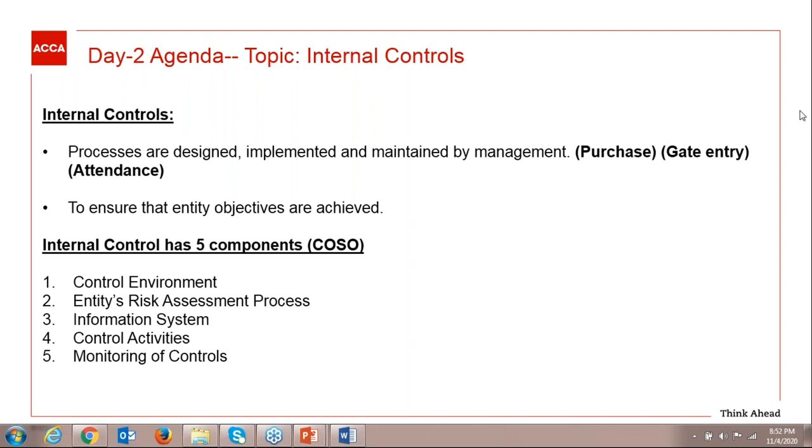I would like to know about your knowledge and your thinking. So please give me your feedback about the definition of internal controls. What do you think it is? I need more feedback. I need more answers from your side.